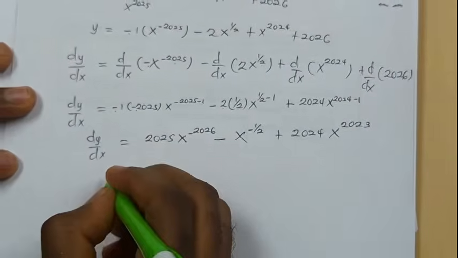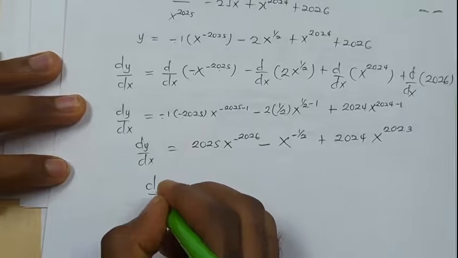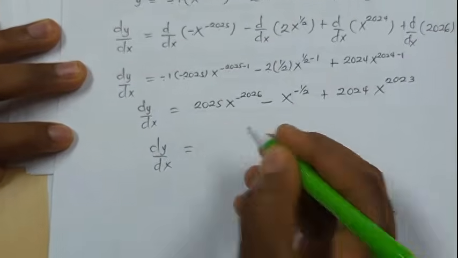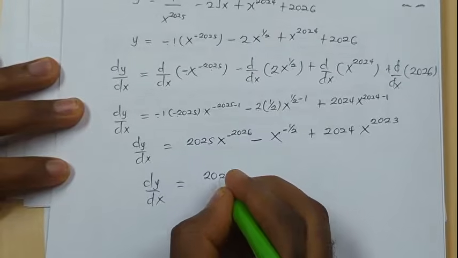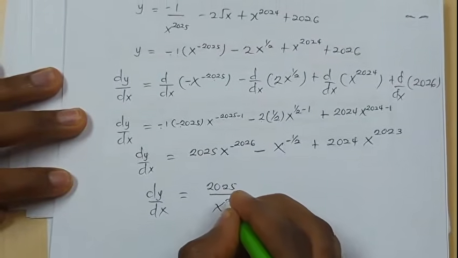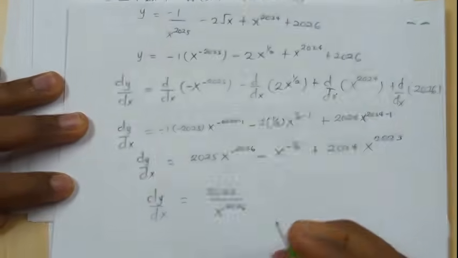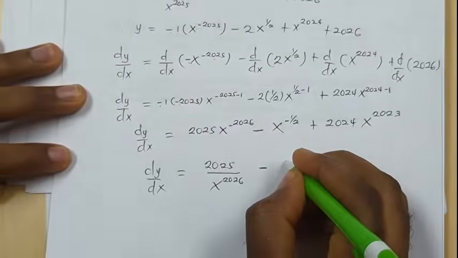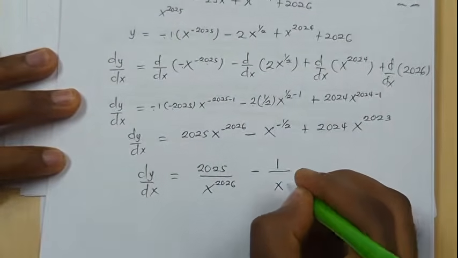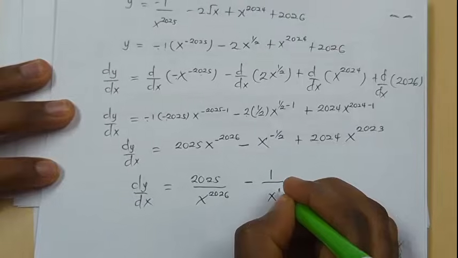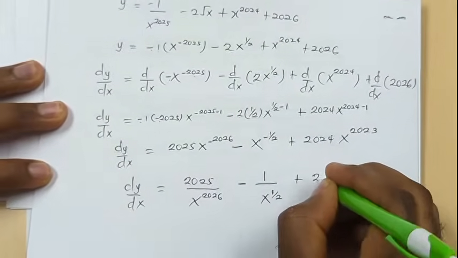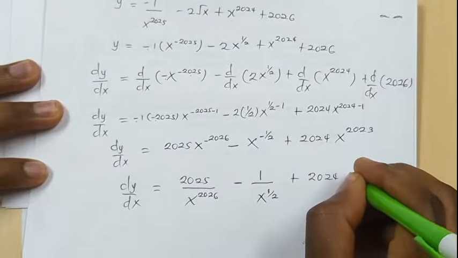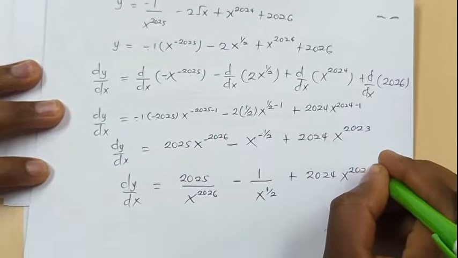2023. So our dy over dx will be equal to, so we can rewrite this as 2025 over x exponent 2026, then minus 1 over x exponent half, then plus 2024 x exponent 2023.